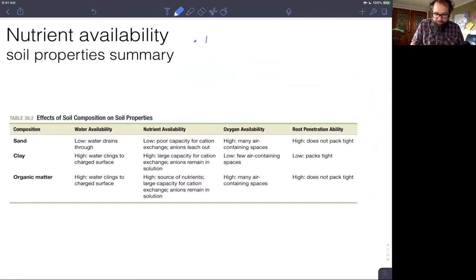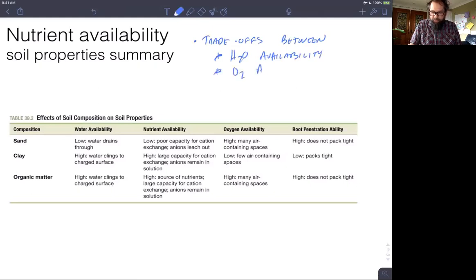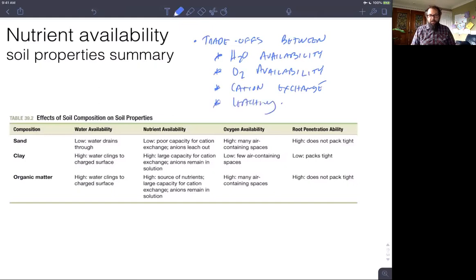These are trade-offs between water availability, oxygen availability, cation exchange, and leaching. All of these are at play when we're talking about how nutrients are available in different types of soil.